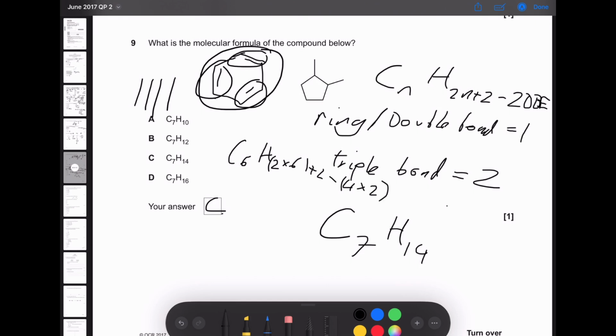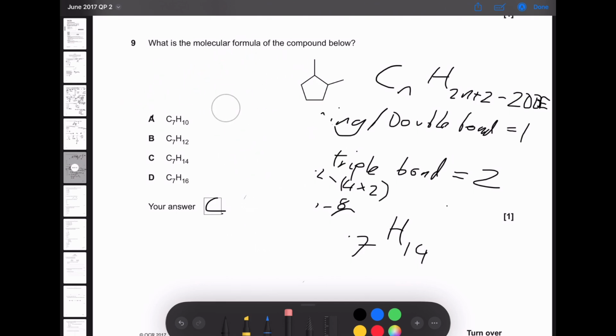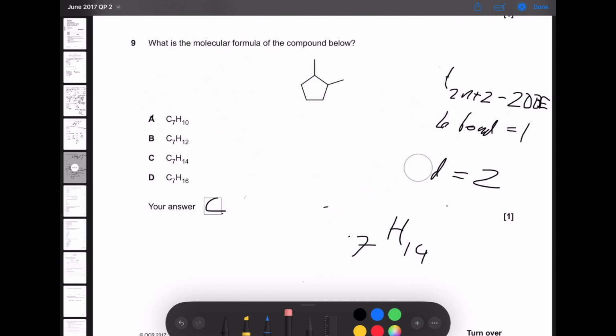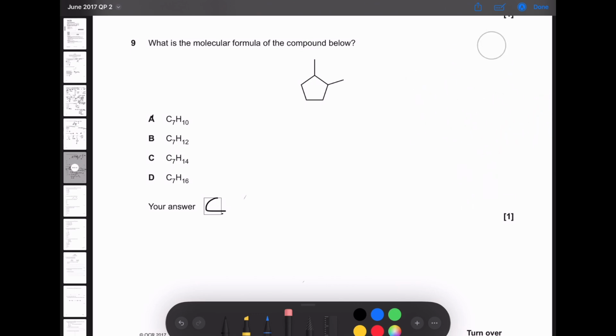So we have C6H12 plus 2 minus 4 times 2 is 8. So we have C6H14 minus 8, which is C6H6. And it's just stuff like that. That was just some more difficult examples for what I find to be the simpler method.